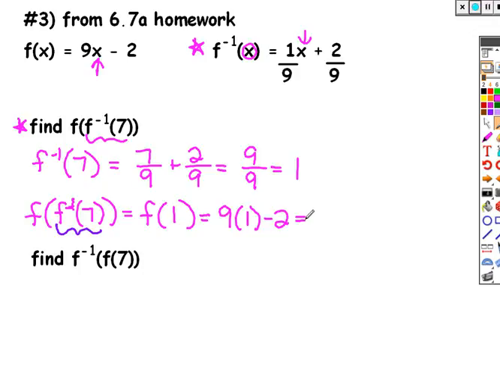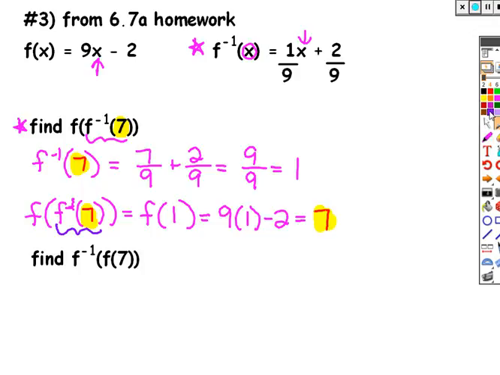So 9 times 1 minus 2 should give you 7. Did you catch what happened here? I plugged 7 into the inverse function, and then what came out, I plugged that into the original, and I should end up with 7. These functions actually undo each other, and I'm right back where I started.